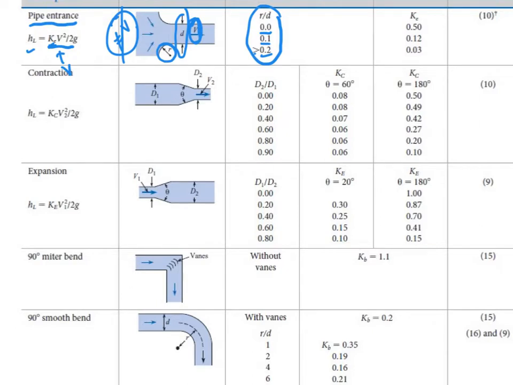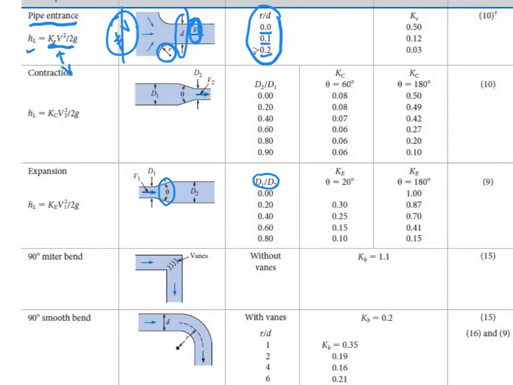Okay, if we look at the expansion, there are two important things: the angle of the expansion and the ratio of the diameters. That's a little frustrating, because there really should be an entire chart just dedicated to this.